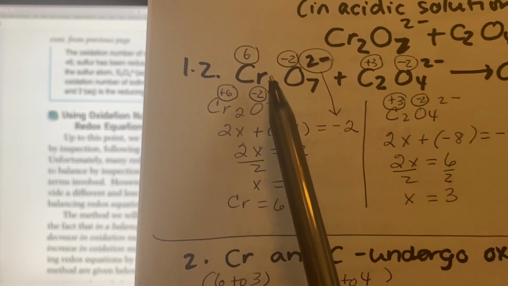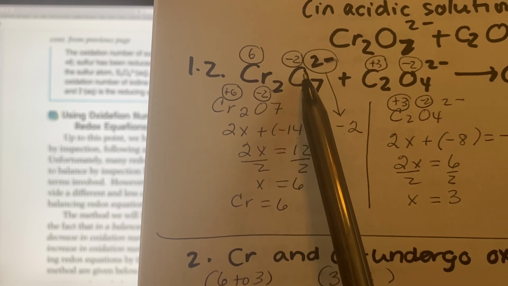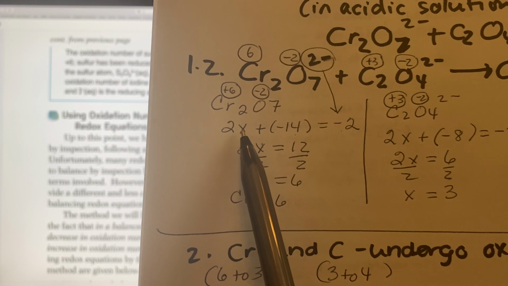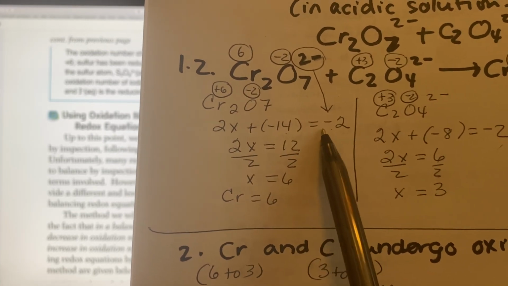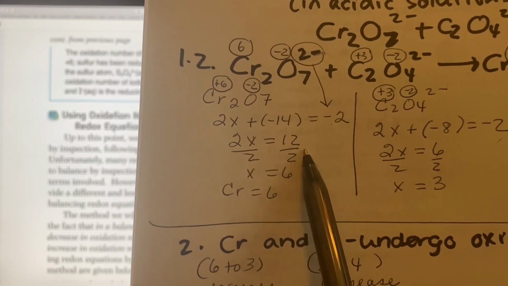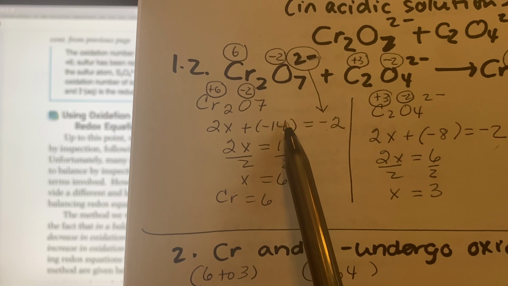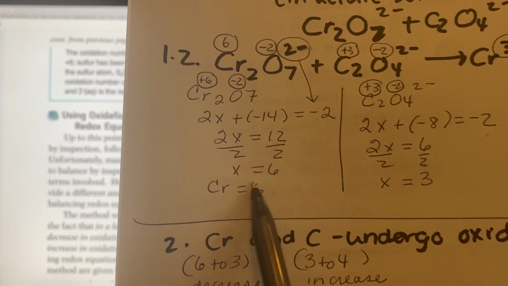We don't know what this number is. So we say we know that oxygen is negative 2, and we have 7 of them right there. So 2x, since there are 2 chromiums, plus 14 equals negative 2. Adding the 14 on both sides, you get 12, and dividing, you get 6.